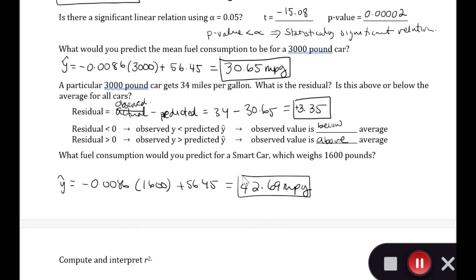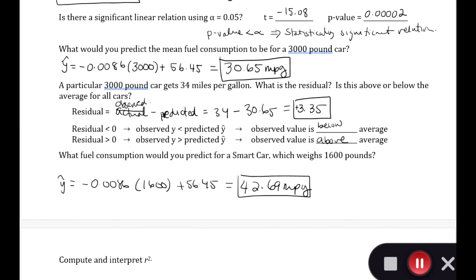So again, had we done the residual, we would have gotten another positive residual. I encourage you to try to figure that out. Oh, sorry, we don't have the actual scenario here. I'm sorry about that. We don't have the observed value, so we can't figure out the residual. You can only figure out the residual if you have the observed value for a 1,600 pound car.